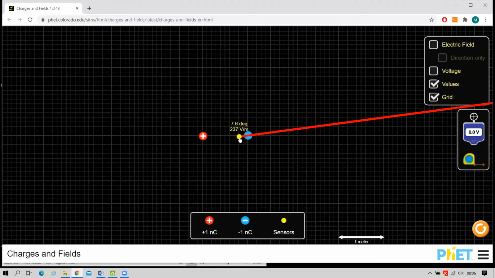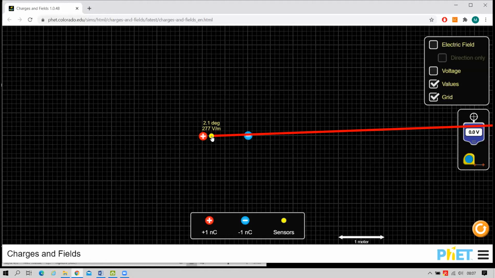For example, the strength very near the minus charge, the strength very near the plus charge, and the strength at the middle. It seems that strength is minimum at the middle, and it's increasing as you come closer to either the negative charge or the positive charge.